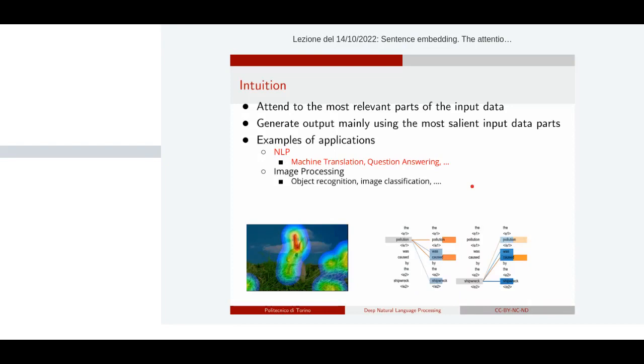For example, the most typical case, which can be explained by example here, is object recognition or image classification. Let's assume to have an image. You want to label, to annotate the image, indicating which objects appear in the image, or which is the category from a set of predefined categories.